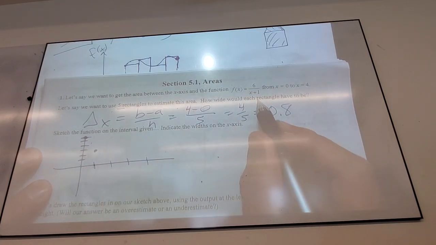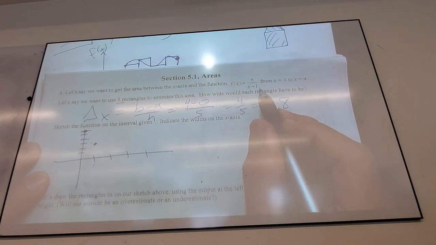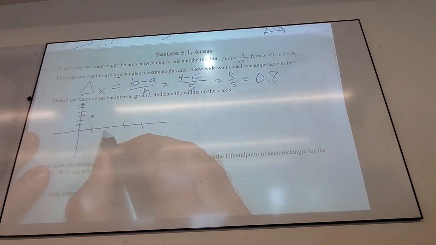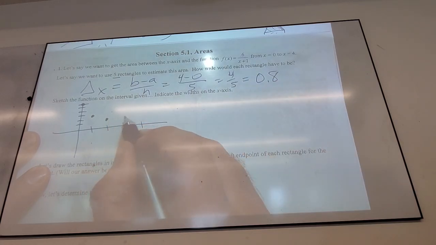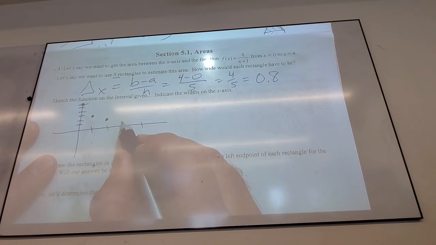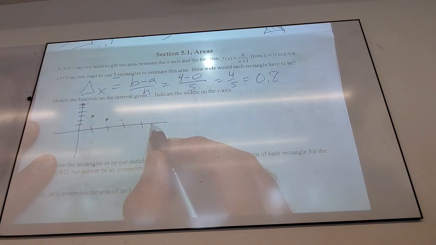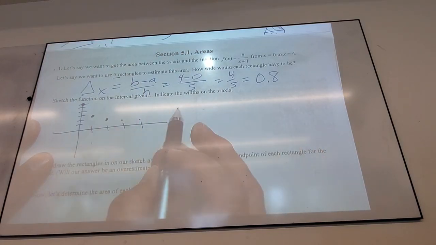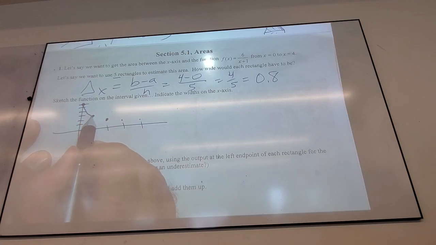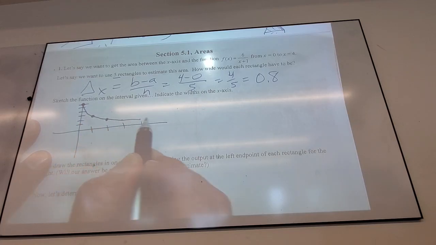When I plug a 2 in, 6 divided by 3, which is 2. And when I plug a 3 in, 6 over 4, which is 3/2, which is 1.5. And then 6 over 5, which is 1.2. Okay, so it really kind of flattens out there at the end. So it doesn't have to be perfect.